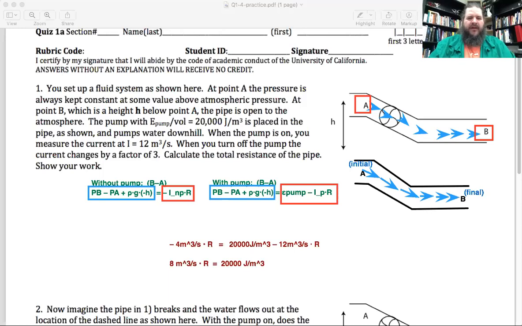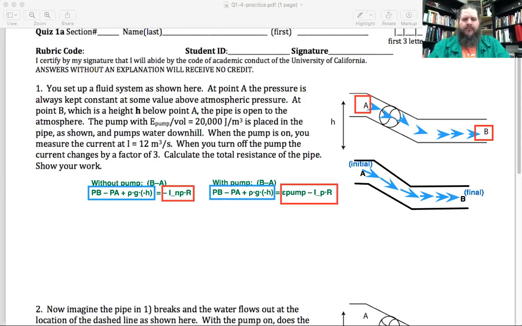And then what's our last step here? Yeah, divide by 8. 20,000 divided by 8 would be 10,000, 5,000, 2,500. And what would the units be there?